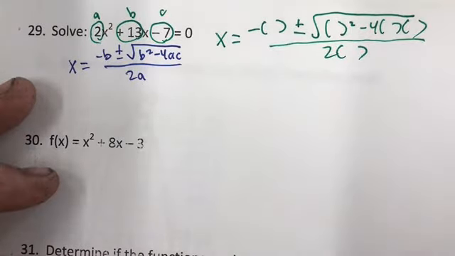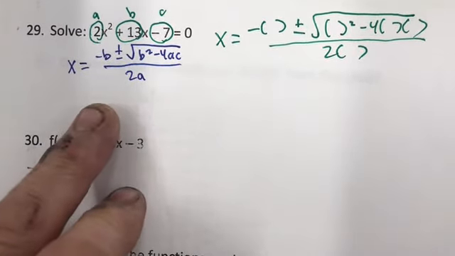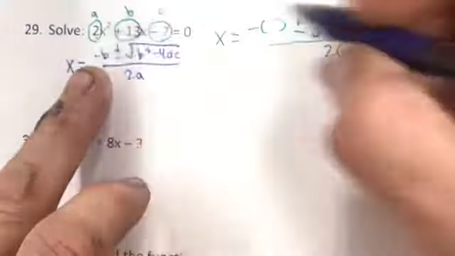All right, now my numbers go in there, so like a is 2 that goes here and here. B is 13, it goes in this spot and this spot. And then c is negative 7, it goes in there.